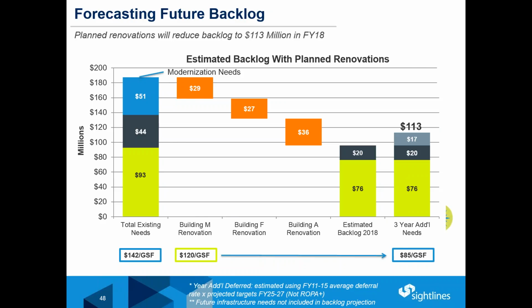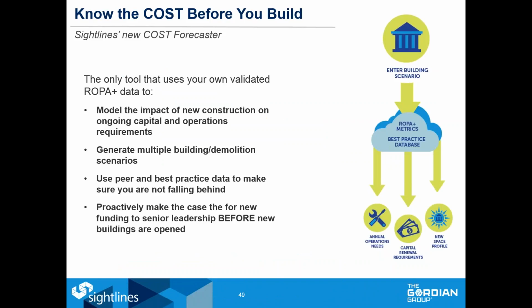Another piece of our predictive analytics is new. It's what's called the cost forecaster. Once we have all of your capital and operating information on our member website, we give you the ability to actually model the impact of changes to your campus over time.